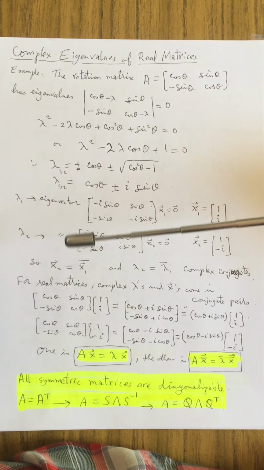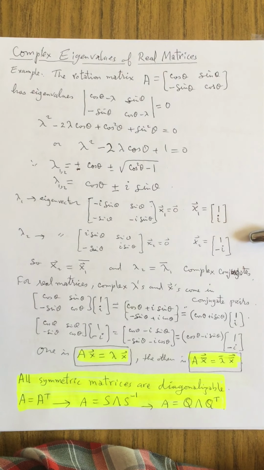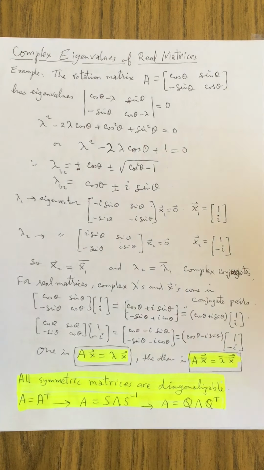Now x2 is equal to x1 bar. It is the complex conjugate, and lambda 2 is equal to lambda 1 bar. So for real matrices, complex lambdas and x's come in conjugate pairs.